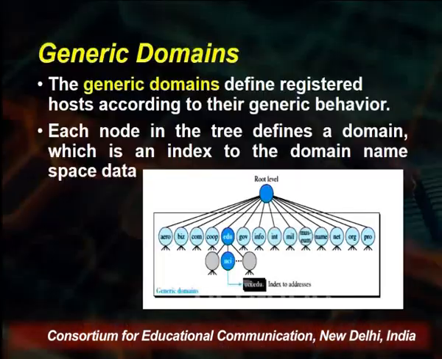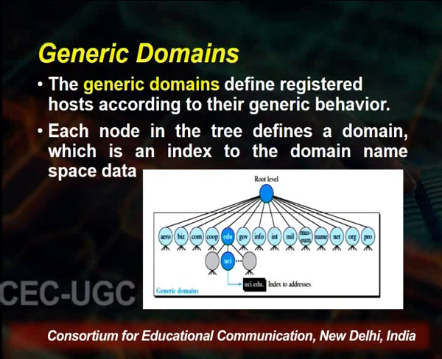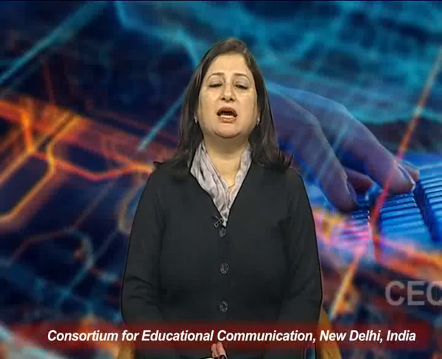So the two types of domain in use on the internet's domain name system: one is the generic domain. Generic domains define registered hosts according to their generic behavior. When we first discussed the domain name system, we said that it is going to be depictive of the behavior or the nature of the organization.